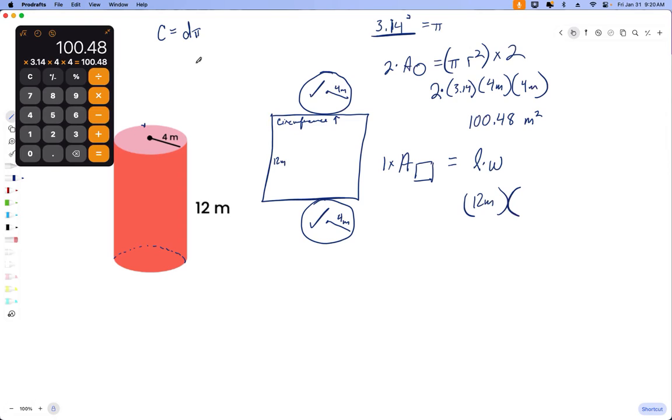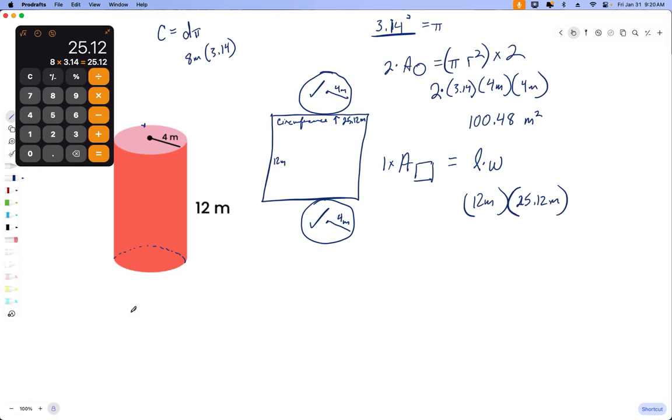In this case, the diameter is 4 times 2, because this is just a radius. So 8 meters times 3.14 is your circumference. 8 times 3.14 is 25.12 meters. That's your other dimension. That's what this is right here, 25.12 meters.